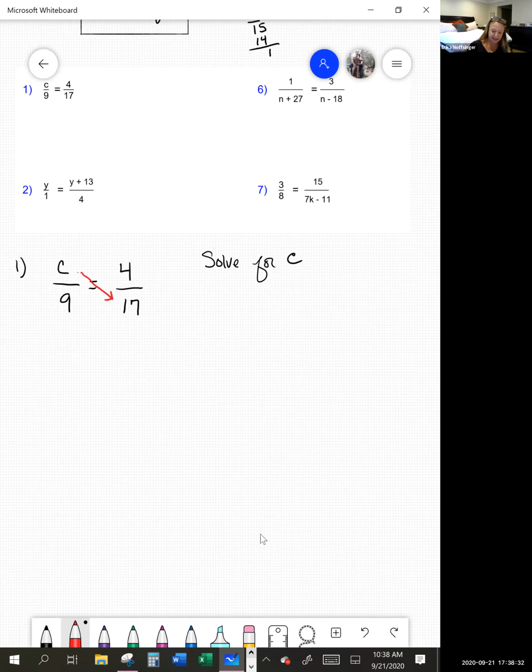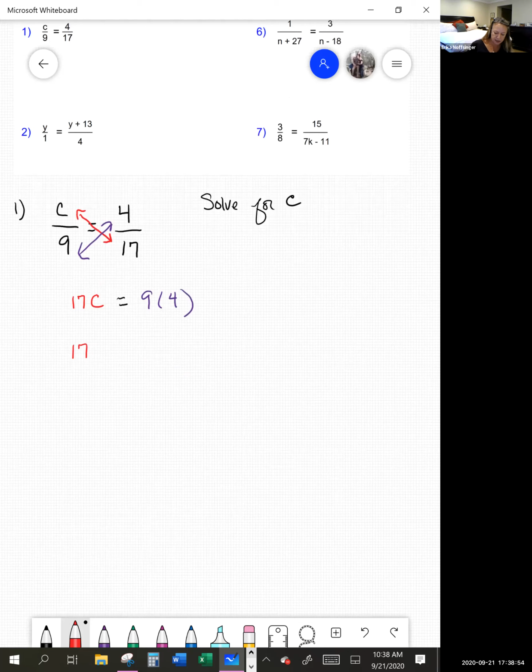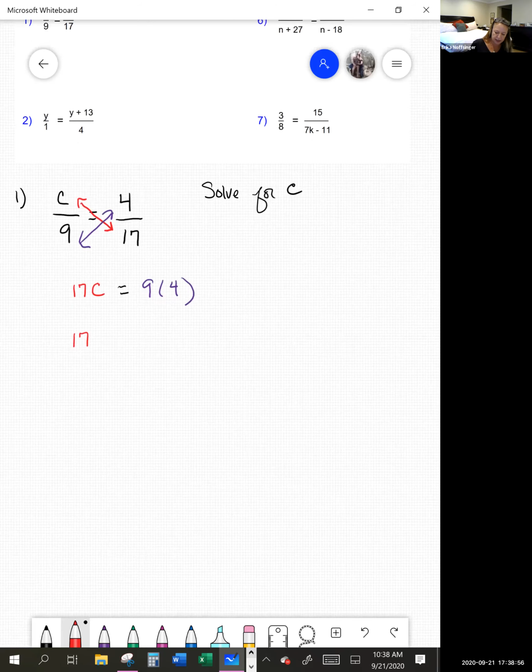So we can look at C times 17, or 17C, is equal to 9 times 4. Let me just simplify each side of my equation down before I solve for C. So we have 17C is equal to 9 times 4, but 9 times 4 is 36.